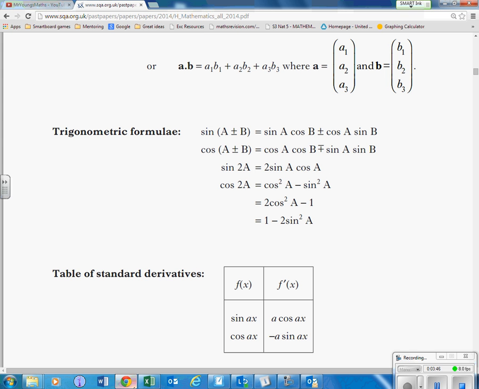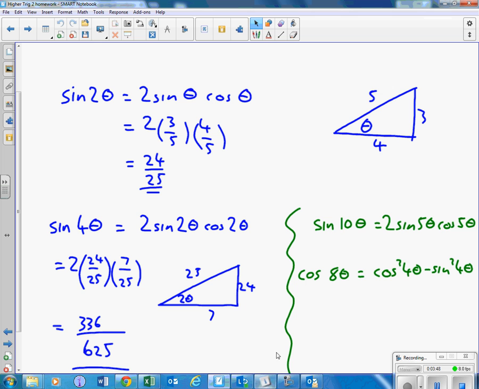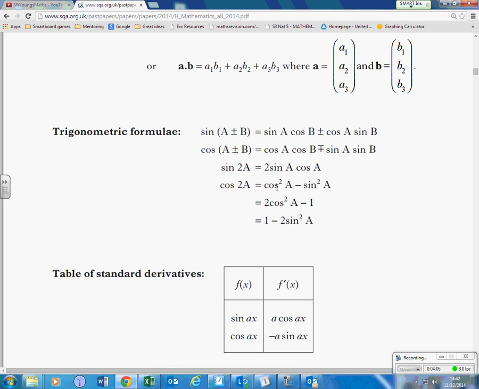So say I wanted sin of 10 theta, well half of 10 theta is 5 theta, so it'd be 2 sin 5 theta cos 5 theta. So if I knew those values, I could calculate sin 10 theta. Cos 8 theta, I would have to use the cos double angle formula, cos squared minus sin squared. So if it was cos 8, that would be cos squared 4 minus sin squared 4.